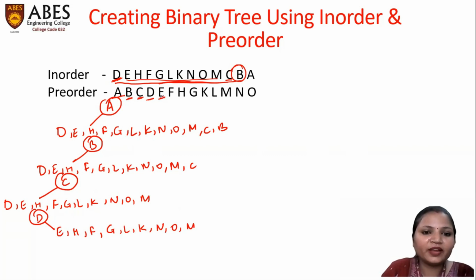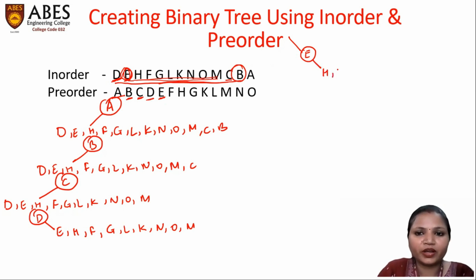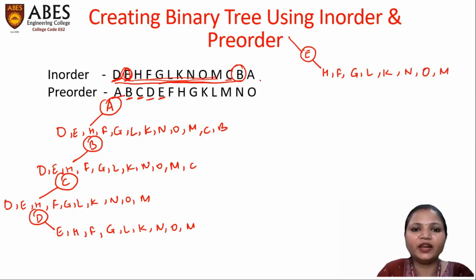Now the next element to be traversed is E. So I write it over here. Check for E. All the elements are still present on the right hand side. So E, H, F, G, L, K, N, O, M.